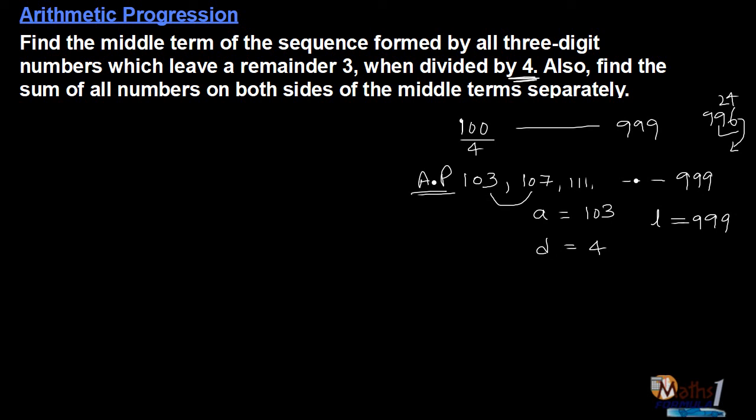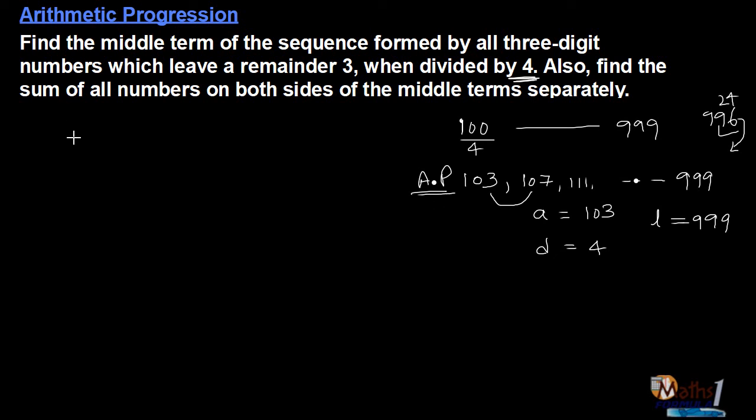You will have two middle numbers and then you will have to find whatever they have asked beyond or behind that. So for that reason, if I want to find the middle term, they are asking the middle term of the sequence. That means to find the term, I need to find n, how many terms there are in this AP.